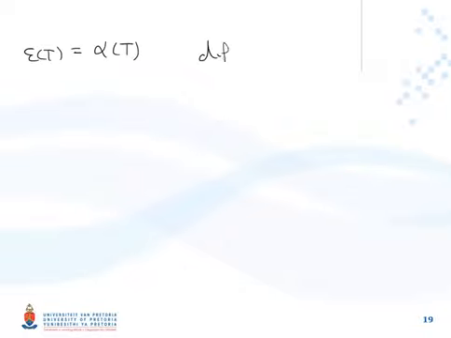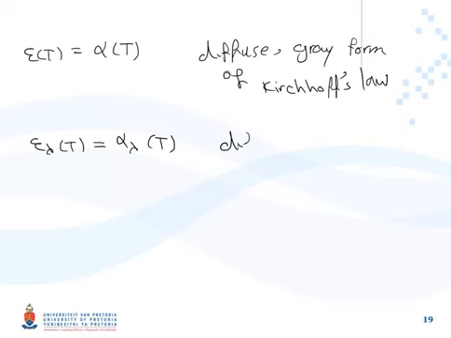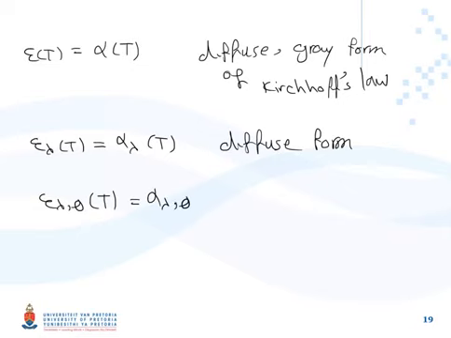We call it the diffuse form of Kirchhoff's law, and epsilon lambda theta(T) is equal to alpha lambda theta(T), and this is the exact form of Kirchhoff's law.